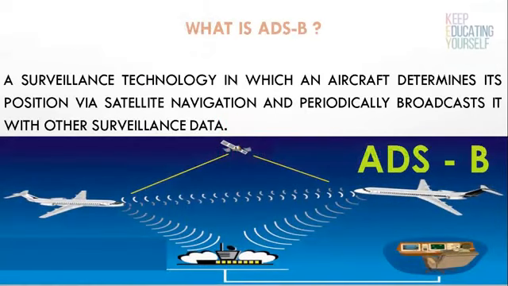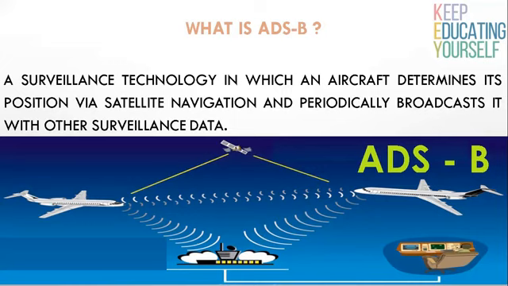What is ADS-B? ADS-B avionics enables an aircraft to broadcast its position information derived from the global navigation satellite system, its identity, velocity, and other information with a very high degree of accuracy and integrity. ADS-B ground stations receive the information transmitted by an ADS-B equipped aircraft and distribute the received ADS-B data to ATS surveillance systems.